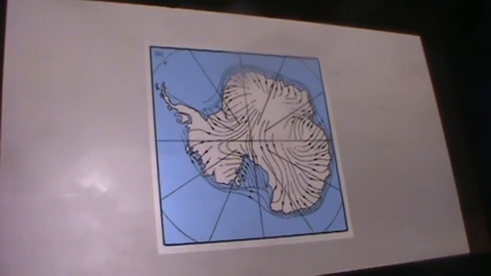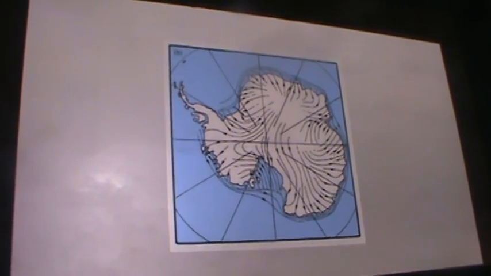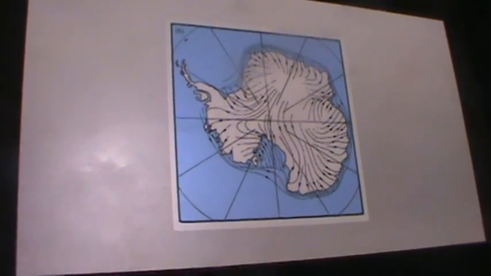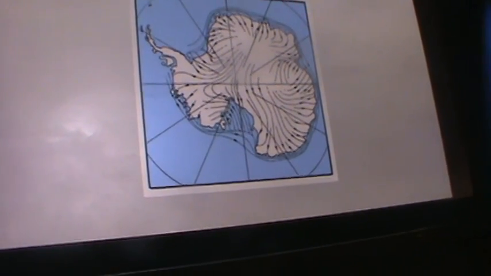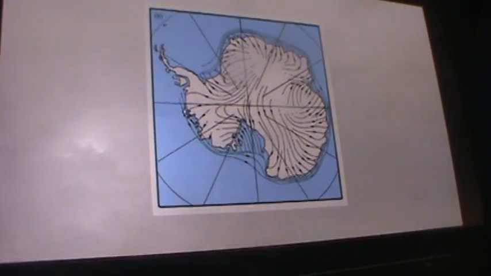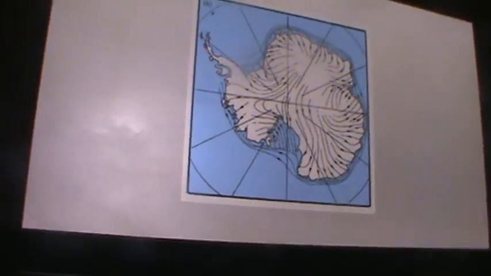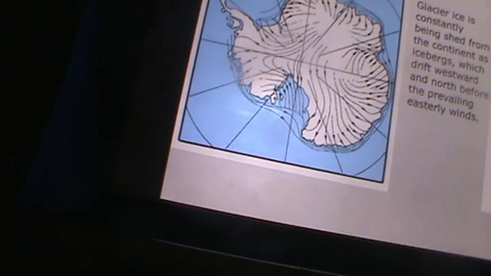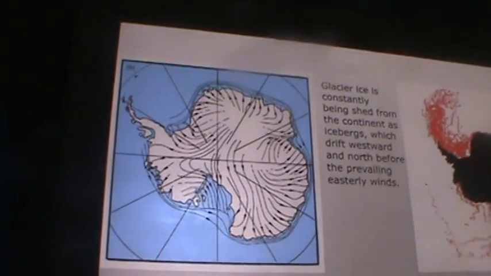But if you imagine a big Christmas cake with the icing in the middle there, and that icing slowly moving off of the continent, that's how the ice works in Antarctica. It's that glacial ice slowly pouring off the continent, and it forms icebergs, all these little bits of red trails here. That's the ice coming off of the continent, and it gets caught in the current.